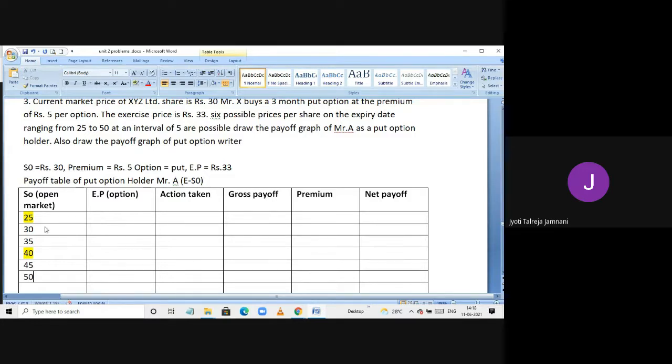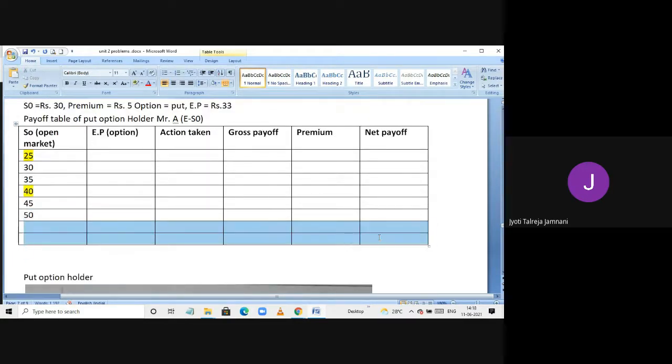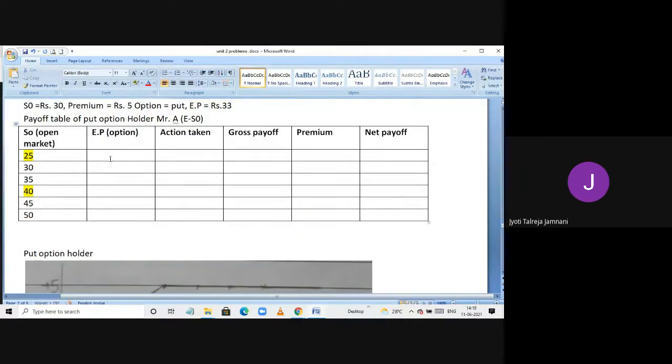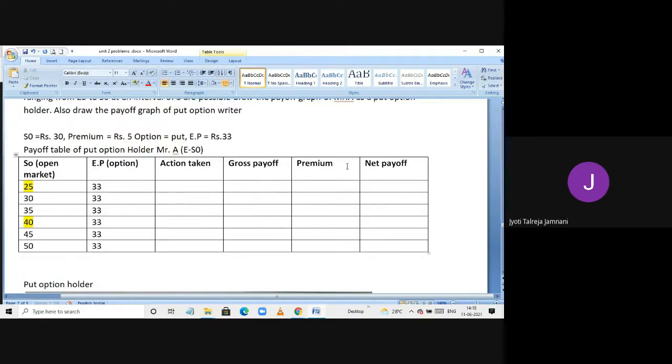So from 25 to 50 we have taken our S naught and we have a gap of 5 in each price. Okay, then exercise price is 33 rupees. So 33 rupees common. Then premium. The premium is 5 rupees and premium is to be paid by the holder, put option holder. So premium will be -5.